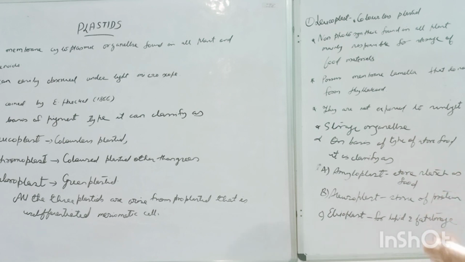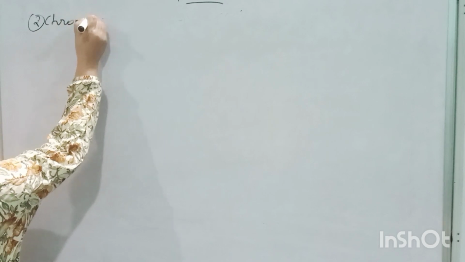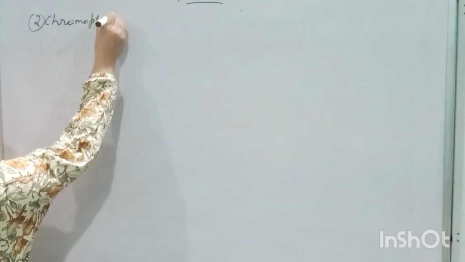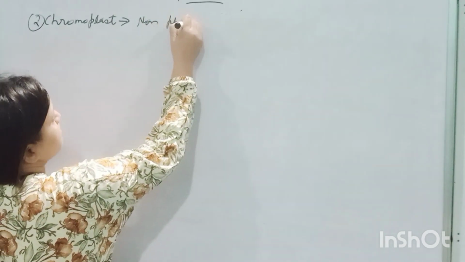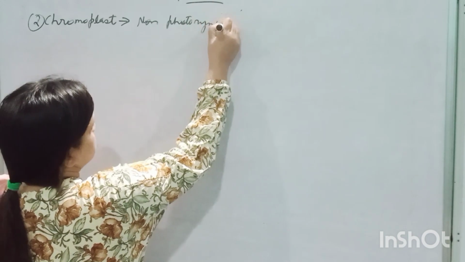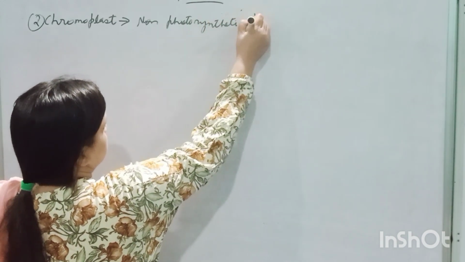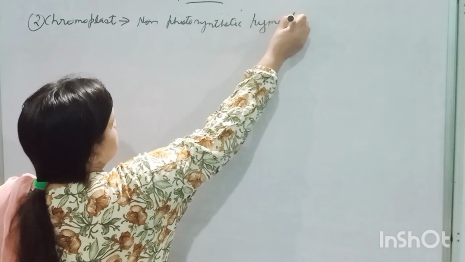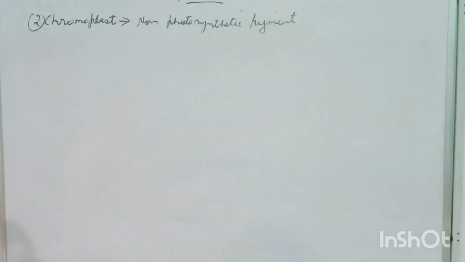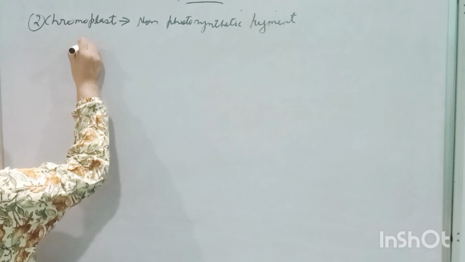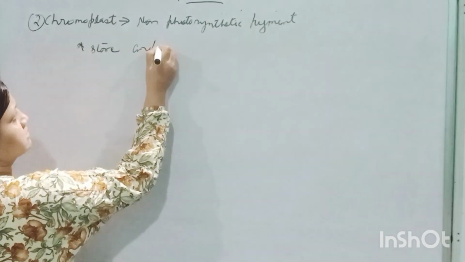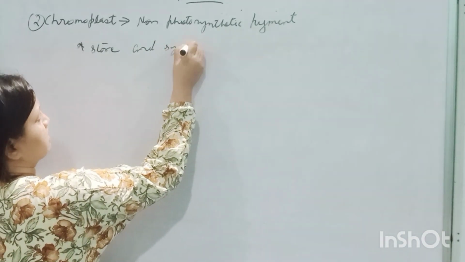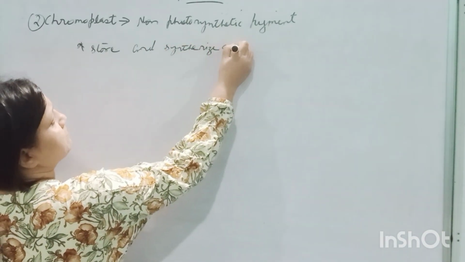Now come to the chromoplast. Chromoplast is a non-photosynthetic pigment plastid. It stores and synthesizes carotenoid pigment.